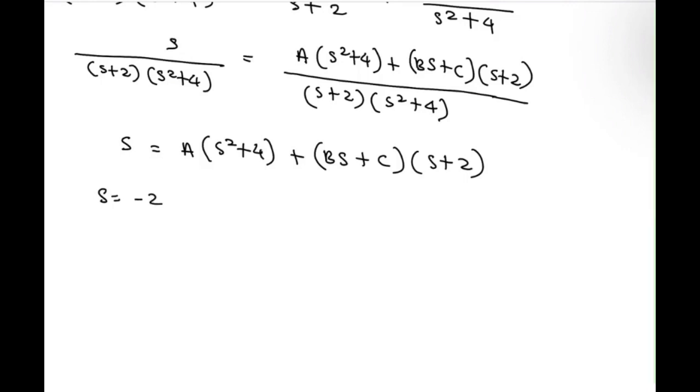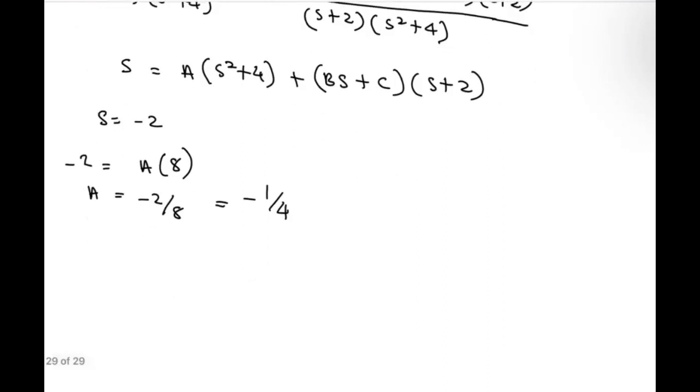If s equal to minus 2, that means this factor will be 0, so Bs plus C times 0 will be 0. So s on the left hand side is minus 2. A will be, minus 2 squared is 4, 4 plus 4 equal to 8. So A equal to minus 2 divided by 8, so minus 1 over 4. So we have A equal to minus 1 over 4.